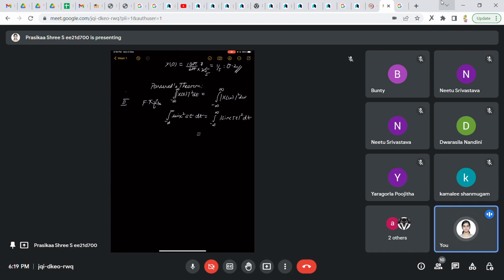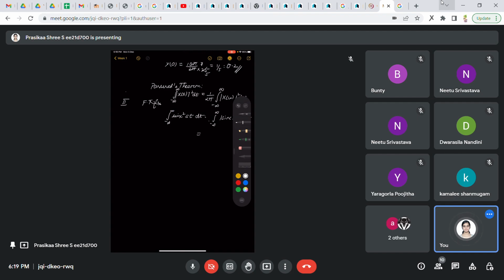If you are writing it using Parseval's theorem, I think I left 1 by 2 pi somewhere here. So it should be 1 by 2 pi coming in front.